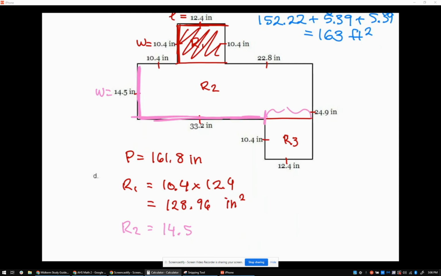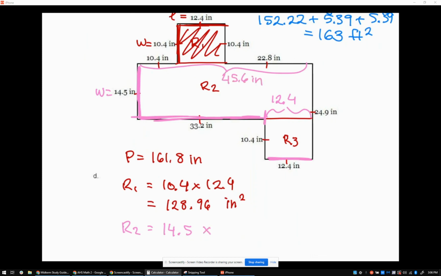Well, since this section down here is 12.4, this is also 12.4. So the entire side is going to be 33.2 plus 12.4, which is 45.6. So the whole thing is 45.6 inches.